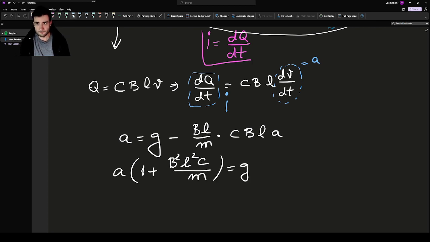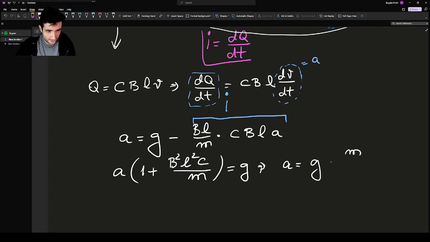So I'm just rearranging it by moving this to the other side and then doing some factorization. So therefore we have that the acceleration will be equal to g multiplied by m over m plus b squared L squared times the capacitance.